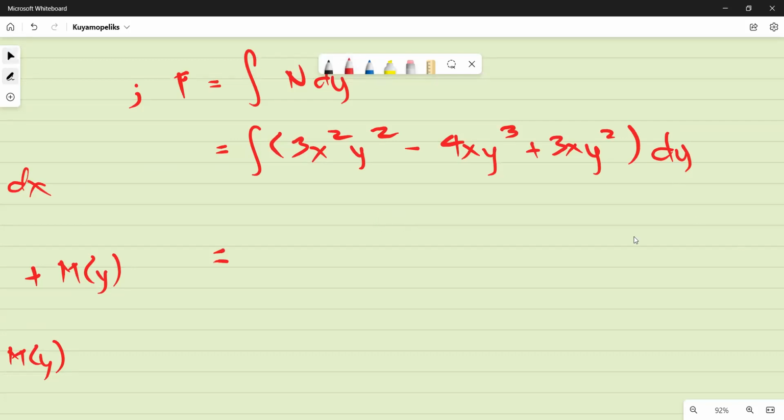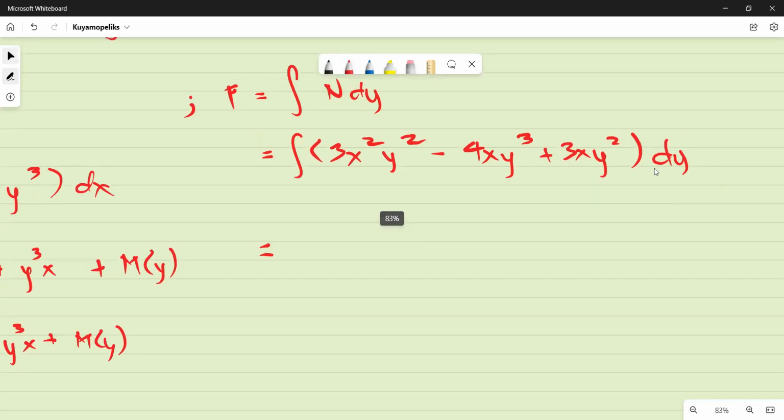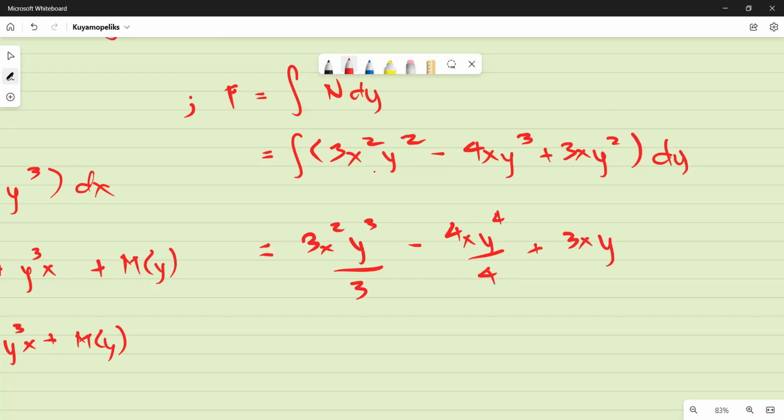So, let's get the integral of this with respect to y. Since with respect to y, lahat ng x constant. So, this is 3x squared y cube divided by 3, no? Kasi power rule, minus 4x y to the fourth over 4 plus 3x y cube over 3.